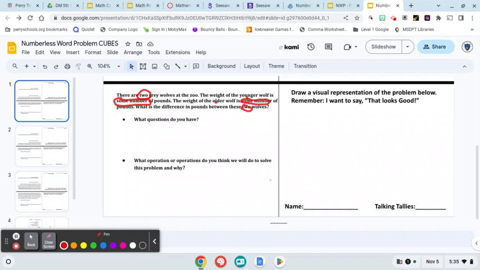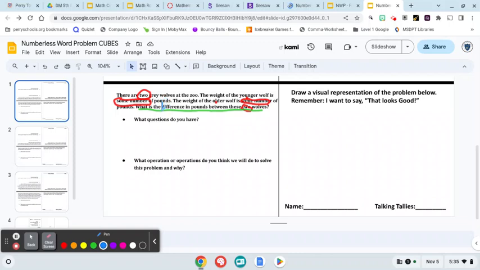Moving on to the U step is underline the question. I'm going to underline it in green. So I need to find the difference. What is the difference in pounds between these 2 wolves? Moving on to the B step of cubes, that means box the clue words.